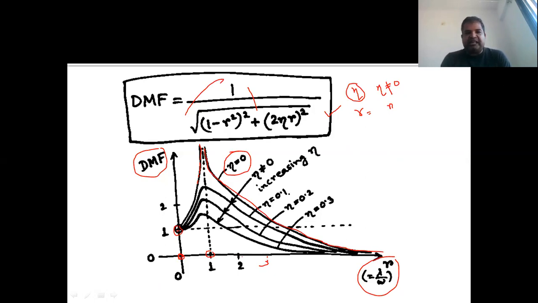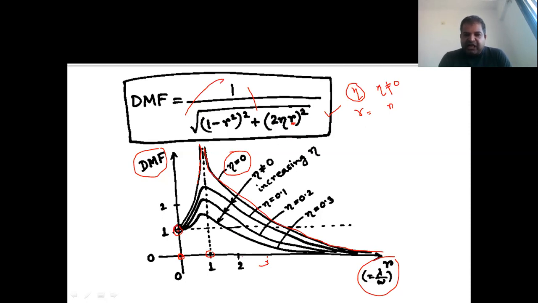Just put eta is equal to 0.1 and r is equal to 0. If you put r is equal to 0, 1 minus 0 is 1. Eta is non-zero, but still r is equal to 0, so this term will be 0. So 1 upon 1 is 1. Again, it will be starting from 1. If you put eta is equal to 0.2, then also it will start from 1 only.